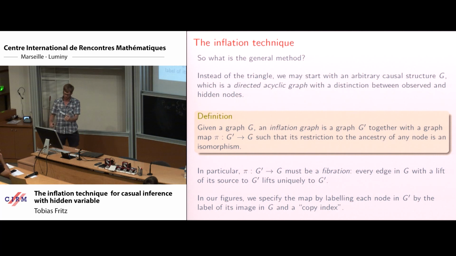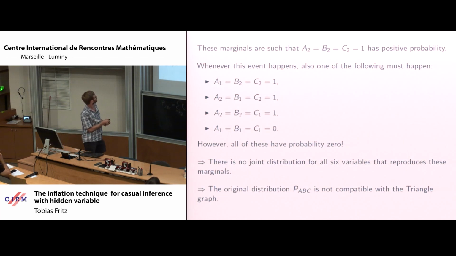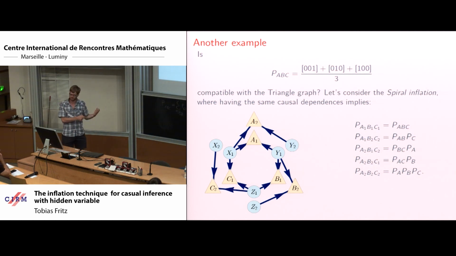So whenever there is an arrow from some node A to some node B, then also there should be an arrow from pi of A to pi of B. And this is indicated in this picture. I haven't told you what the map actually is, but this is implicit in the labeling of these nodes. Basically the name of the node indicates where it goes in the original graph. So these two go to B, and the index just indicates that these are in the pre-image of B under that map.